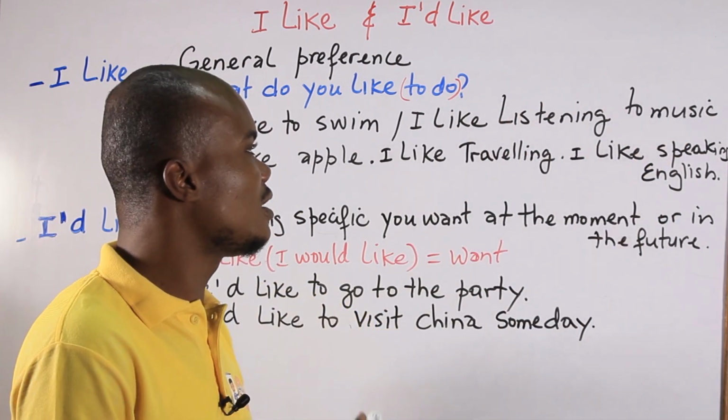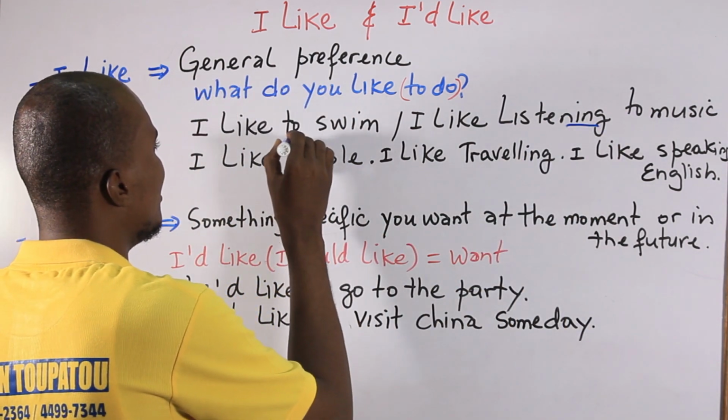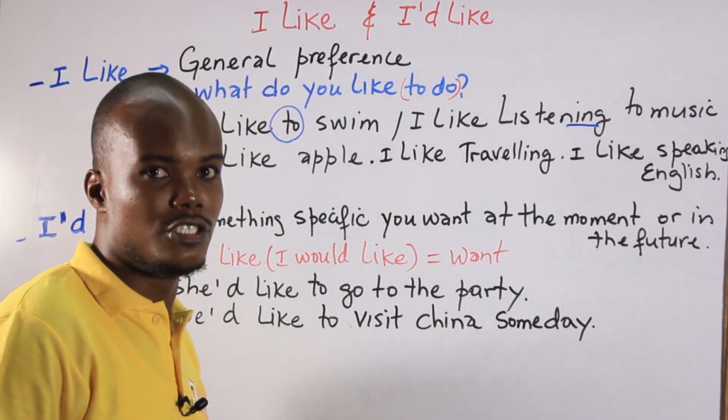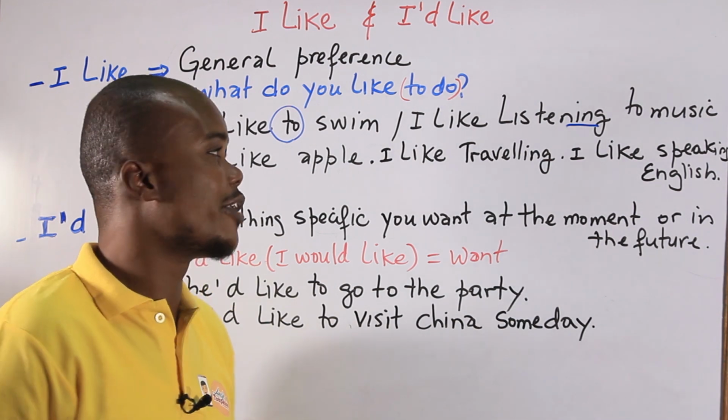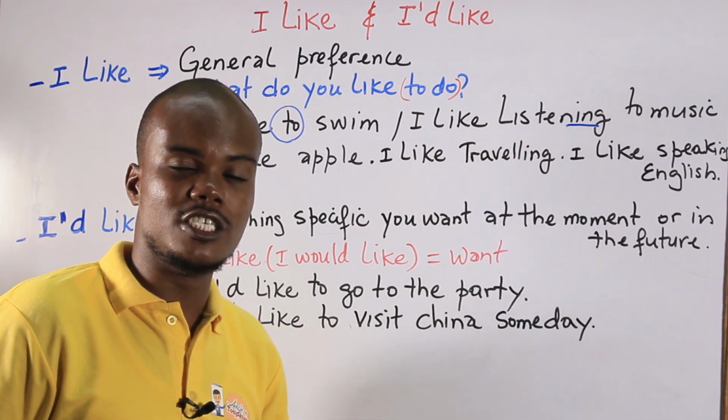What do you see? Ki sa ou remarque? You see I put ing here and then here I put to as infinitive. Why?